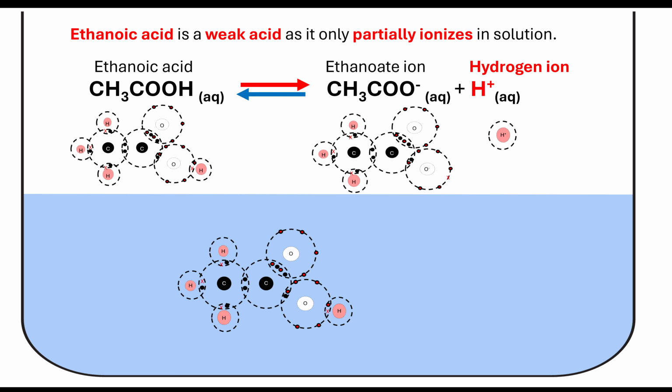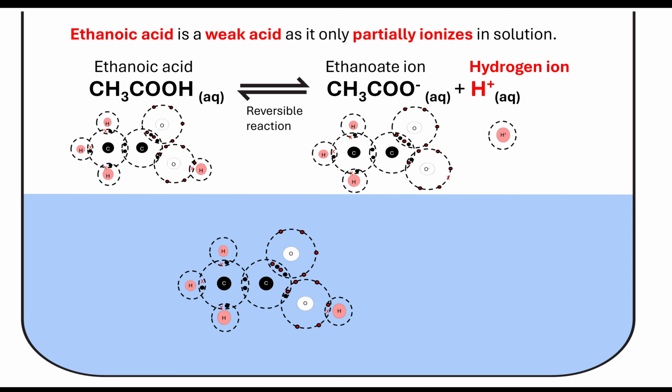opposite way. So ethanoic acid is a weak acid because it will only partially ionize in solution. It's a reversible reaction. And because it's a reversible reaction, it won't fully ionize like the hydrochloric acid, like the nitric acid, like the sulfuric acid.